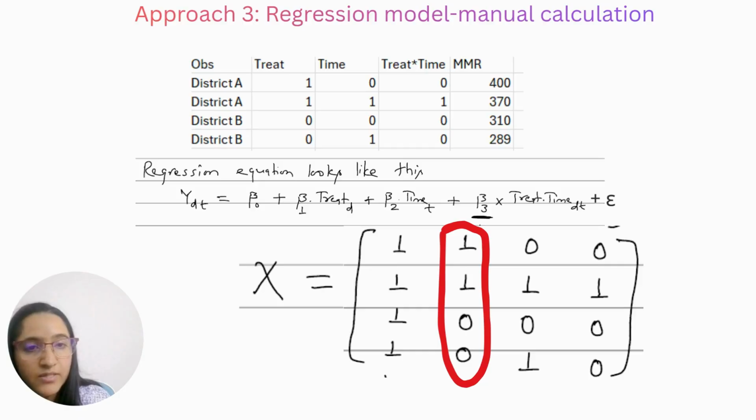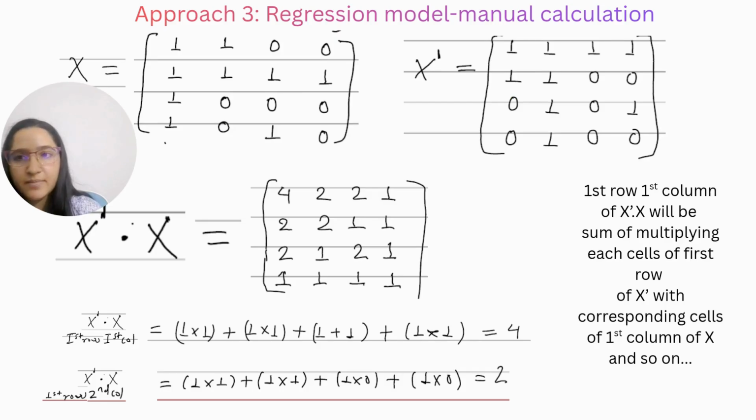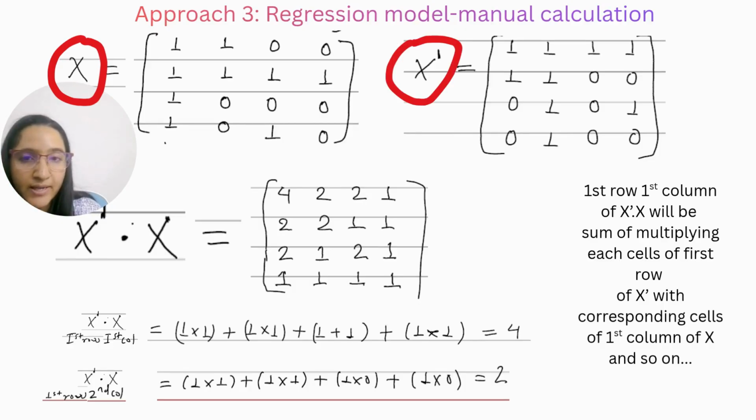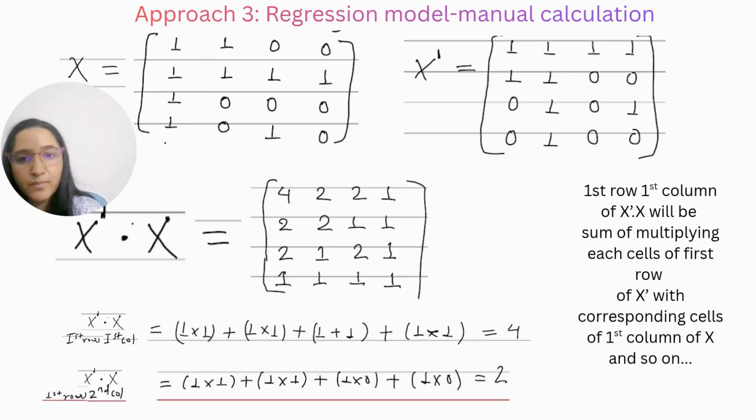And then the third is for time, and the fourth is for treat multiplied by time. So the next step is, since we are trying to minimize the sum of squared residuals via ordinary least squares regression, we multiply this matrix X by its transpose. We get the transpose by converting the first column into the first row, and the second column into the second row, and so on. Here you can see, and then we multiply these two, the transpose and then the X.